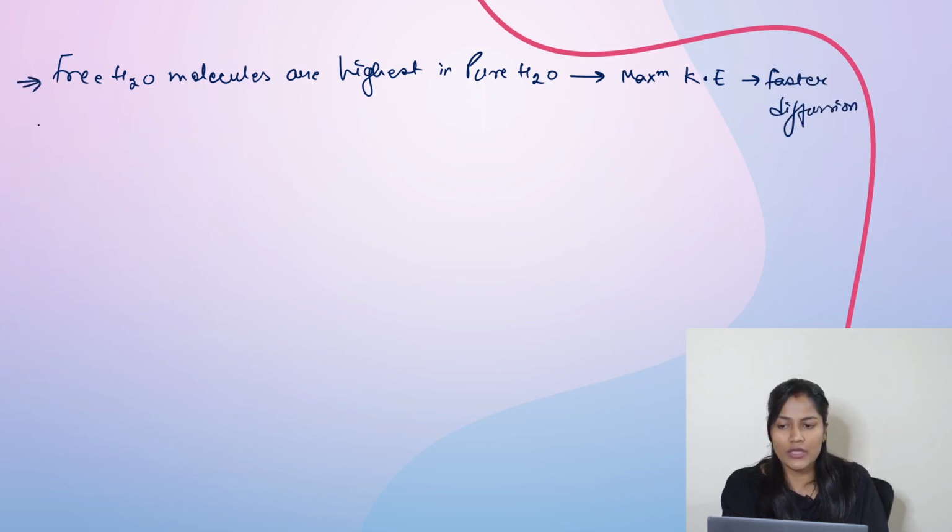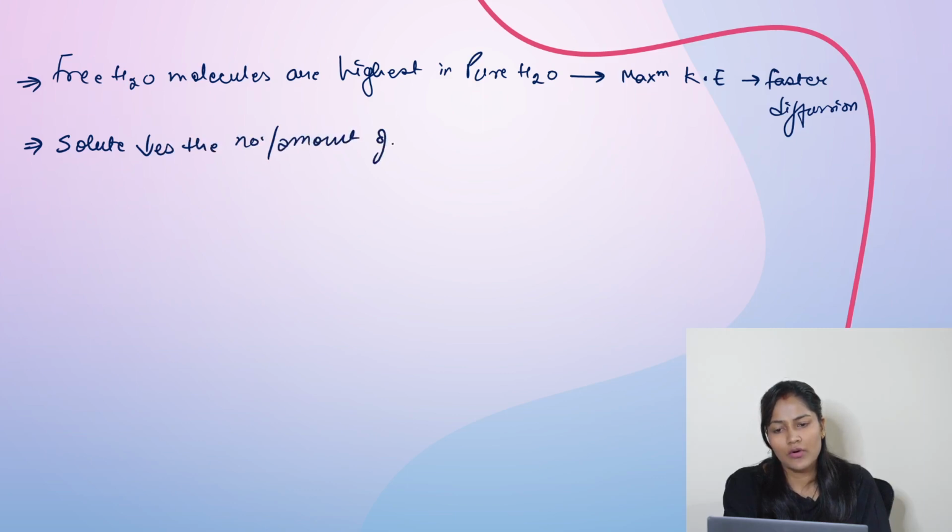दूसरी चीज क्या होगा यहाँ पे बच्चे हमारे पास, कि यहाँ पे हमारे पास है solute, right? So solute decreases the number or amount of free water molecules, फ्री वाटर मॉलिक्यूल्स को कम कर देगा जिसकी वजह से हमारे पास क्या हो जाएगा, काइनेटिक एनर्जी विल डिक्रीज.